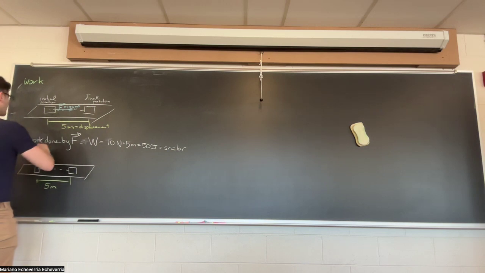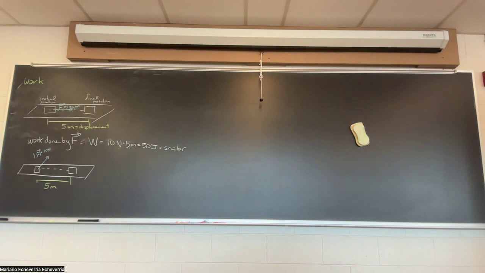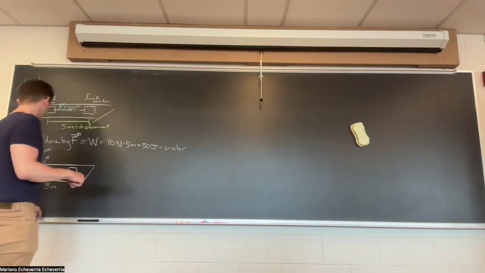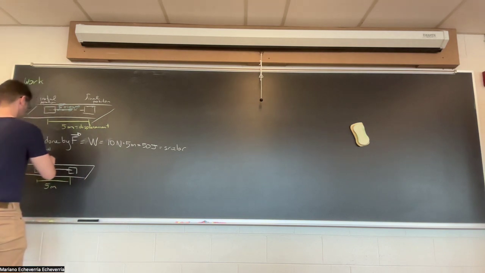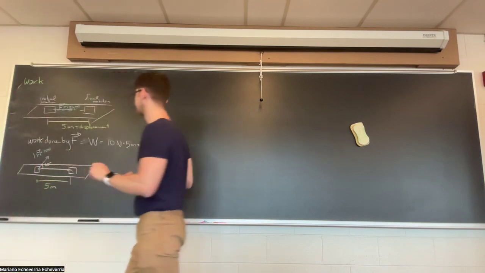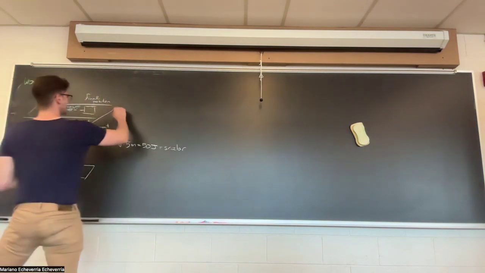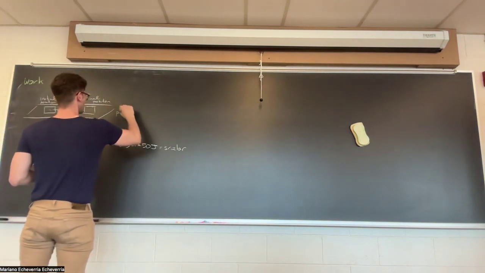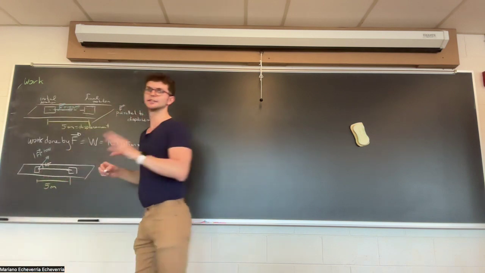So let's say the force is 10 newtons in magnitude, but it makes an angle of 60 degrees with the displacement. Here F is parallel to the displacement, and here there is an angle between the force and the displacement.